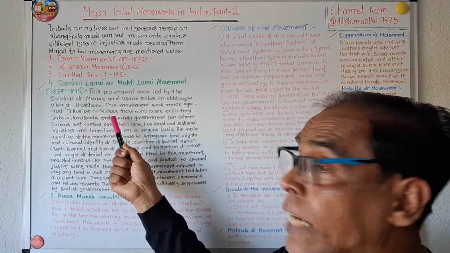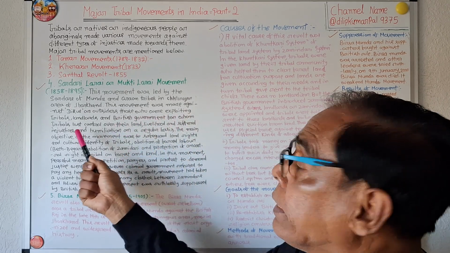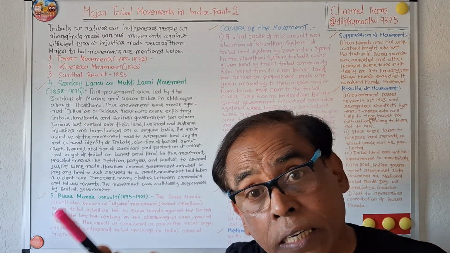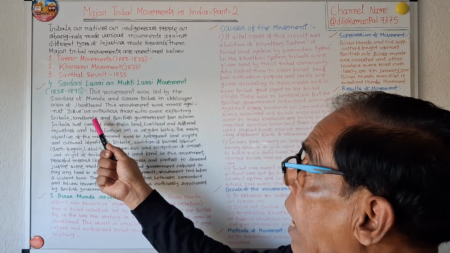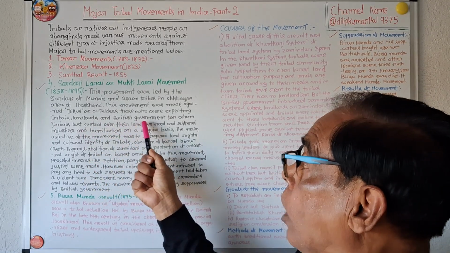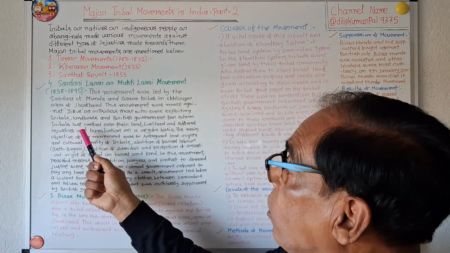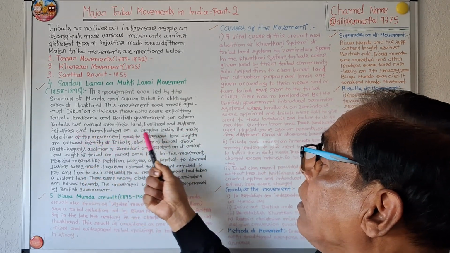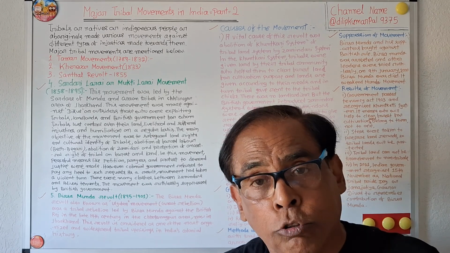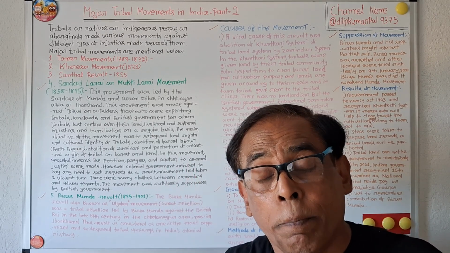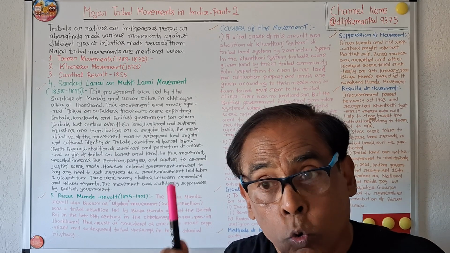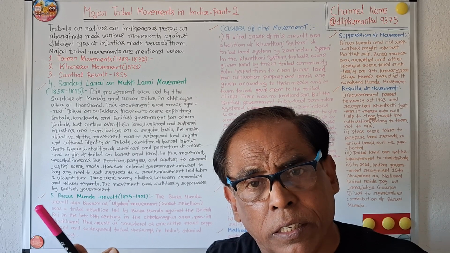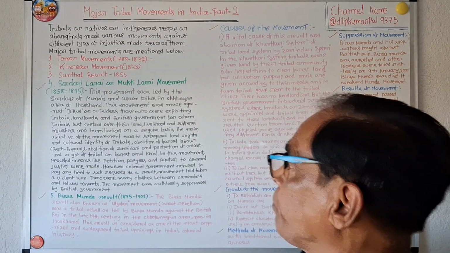Dikos means outsiders, those who were exploiting tribals. Number one, Dikos or outsiders. Number two, landlords and British government, for whom tribals were losing lands and suffering different types of injustices on a regular basis.